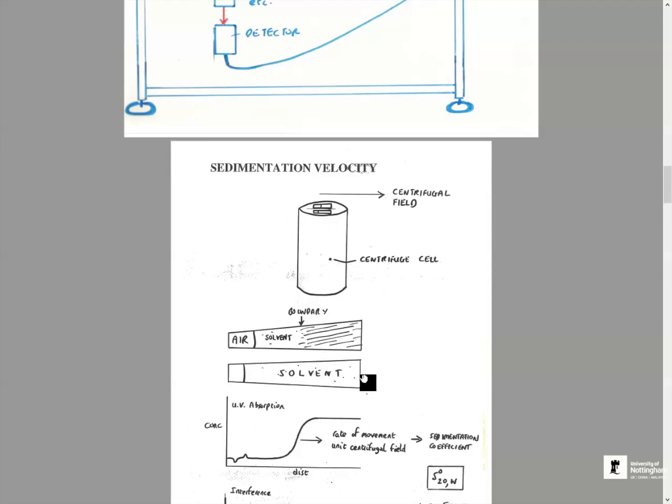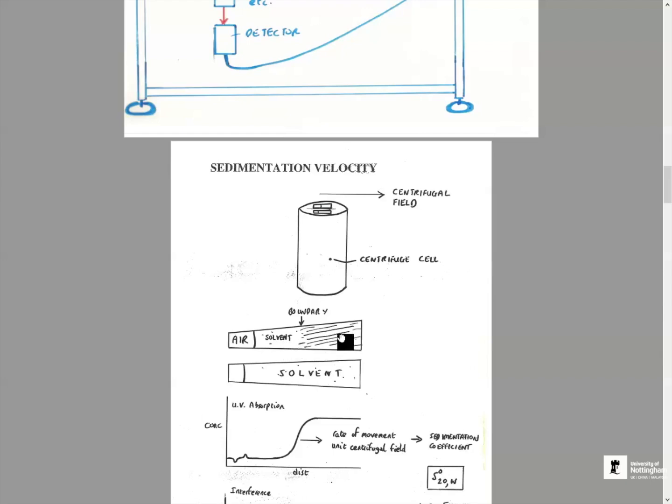And if you look down on one of these centrifuge cells, of course this is spinning at high speed in the rotor with the centrifugal field in an outward direction. If you look down on top of this, then after a period of time you won't see, but the optical system will see, material sedimenting.